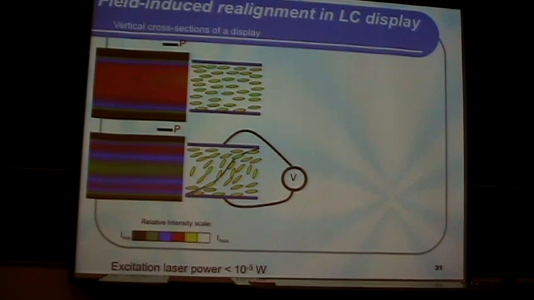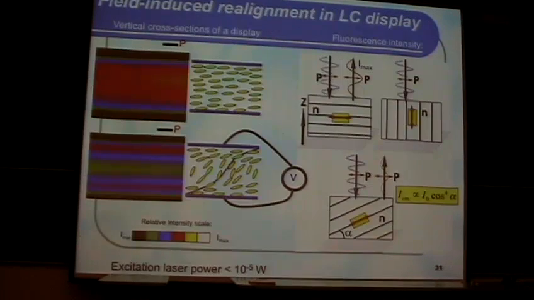So you can see that confocal microscopy allows us to obtain a side view of the liquid crystal sample and visualizes reorientation of liquid crystal molecules, because you can see a sharp decrease of intensity in the central plane of the liquid crystal sample shown here.